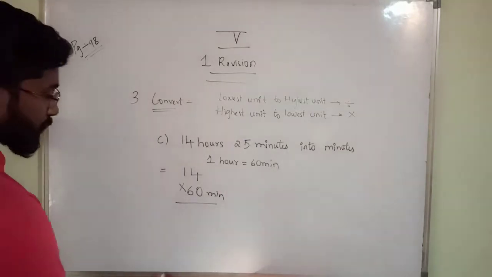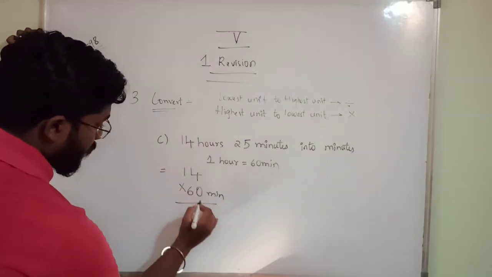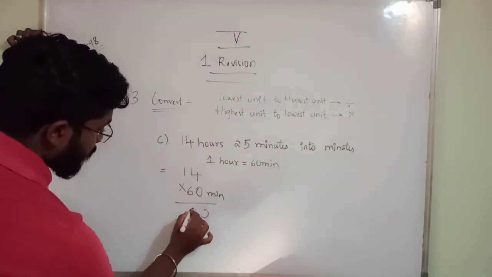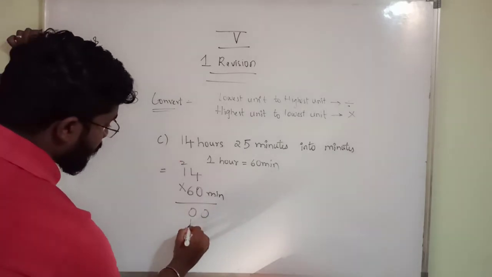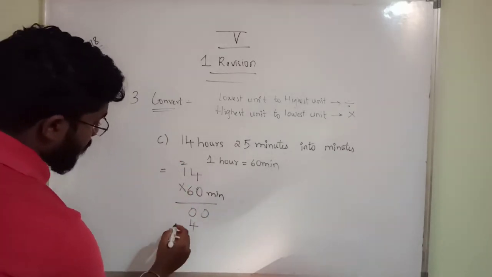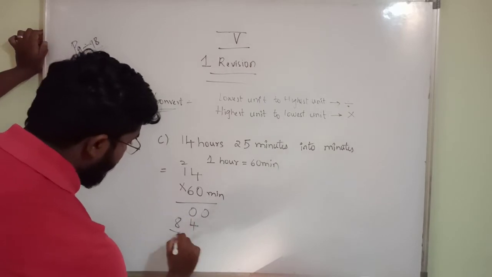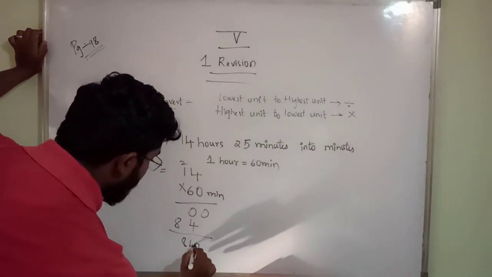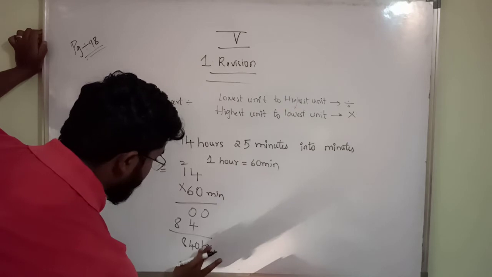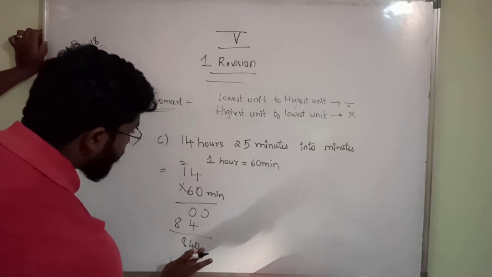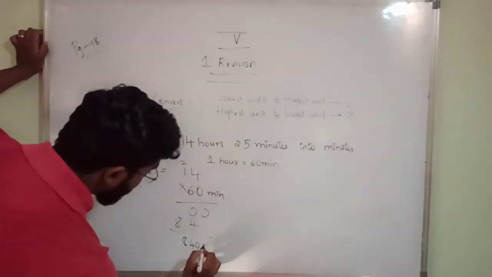So 14 hours means 14 into 60. What will you get? Let's see. 0 4s are 0. 0 1s are 0. 6 4s are 24. 6 1s are 6, plus 2, 8. 840 hours. Sorry, minutes. We are converting from hours to minutes, no? 840 minutes.